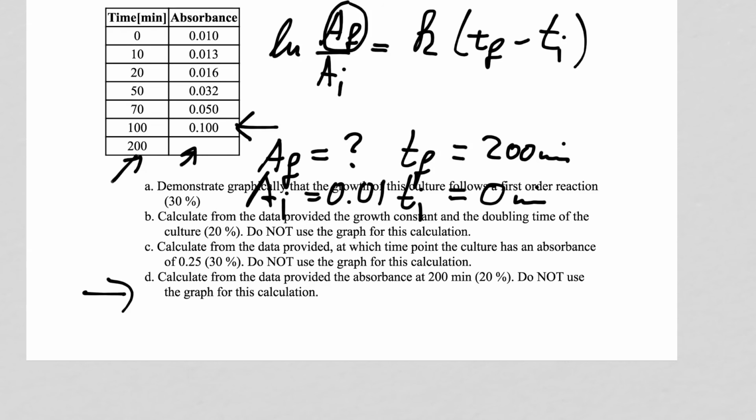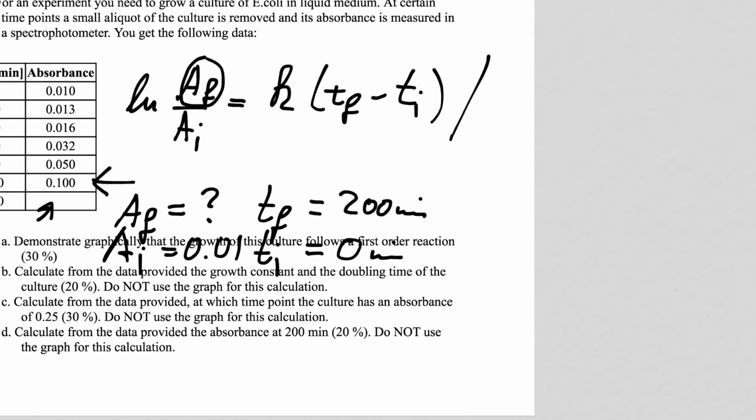We E it. I don't want anyone to do that in the exam. Well, if you want to, feel free. What do we have on the left-hand side of the equation when we E it? What have we got there? E and ln cancel each other out, so we have A final over A initial.